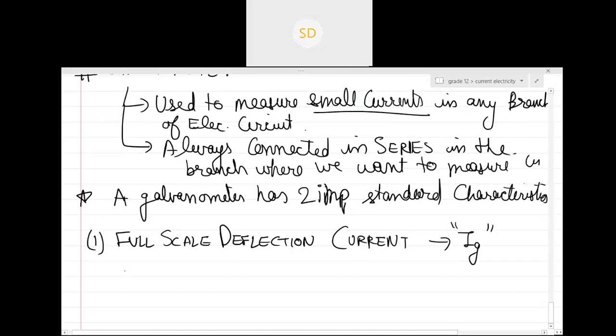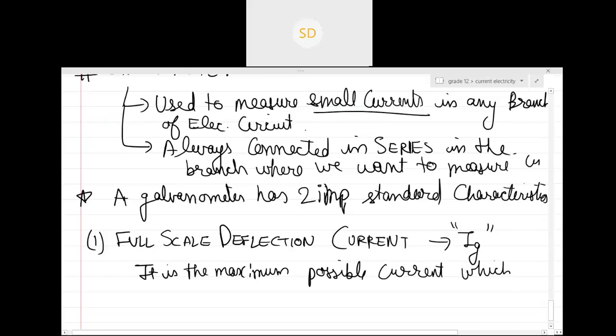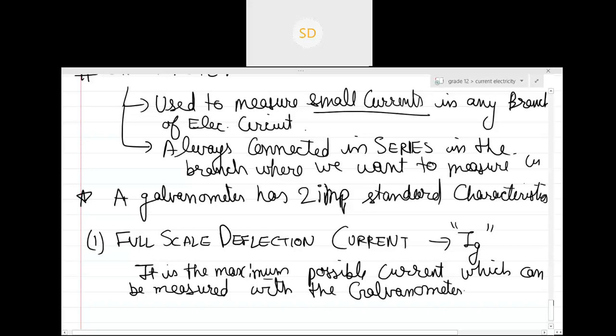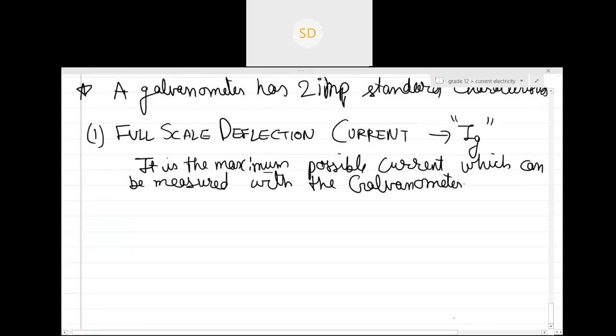From the name itself, the definition is the maximum current that the basic galvanometer can sustain, the maximum possible current which can be measured with the help of a galvanometer.